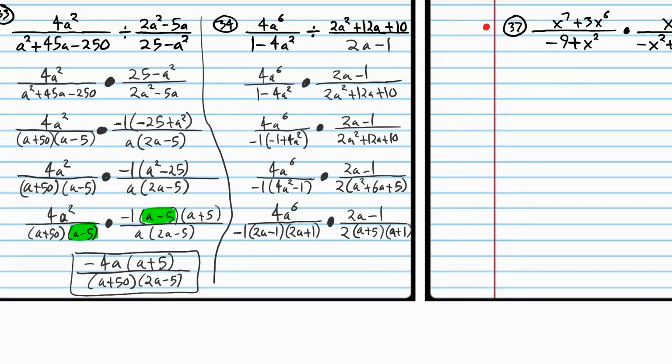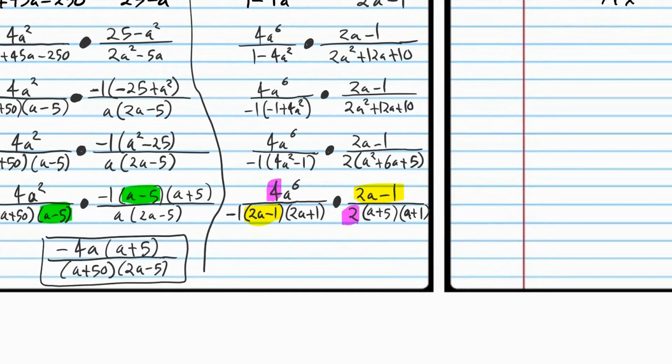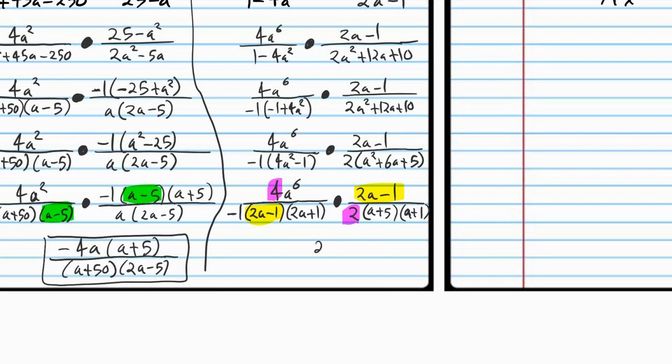So now we just have to cancel out. And we have a 2 in the bottom and a 4 in the top. So 4 divided by 2 is 2. So you're left with 2a to the 6th.